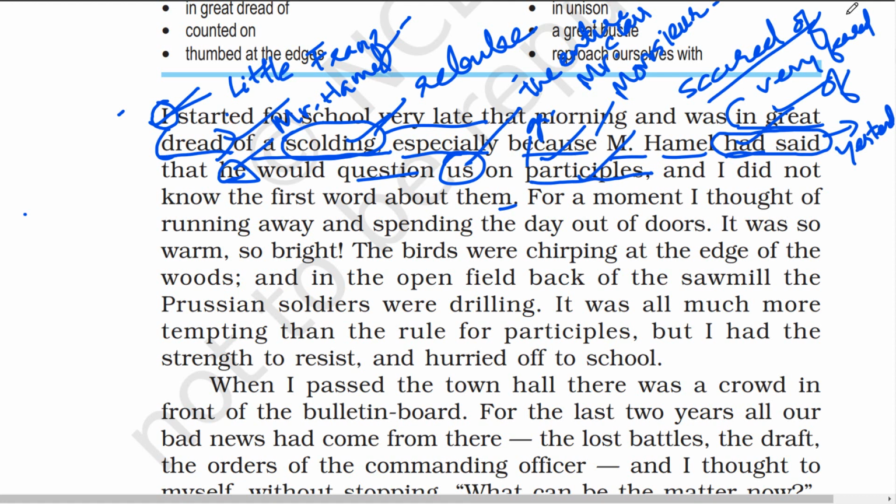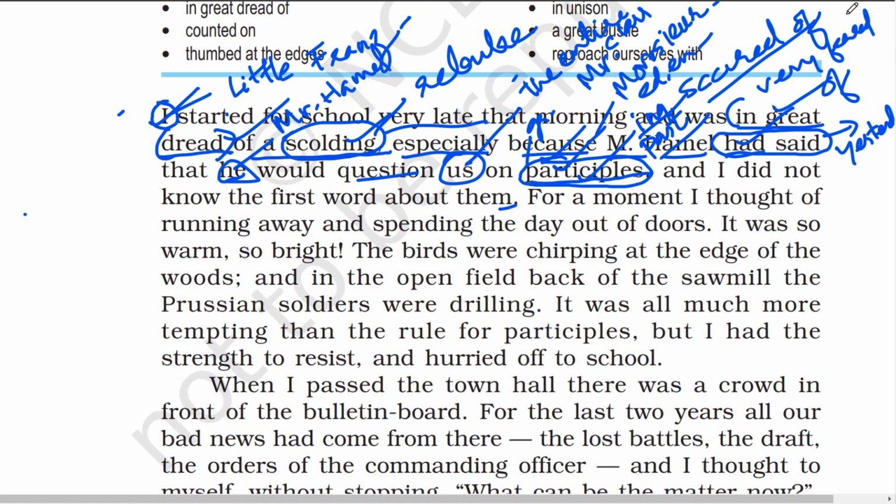Participles are verbal adjectives used with ing forms or in past forms. And he would ask questions on participles. These are verbal forms used as adjectives in the ing or past forms, ed or en forms.